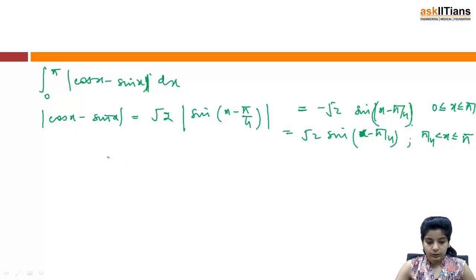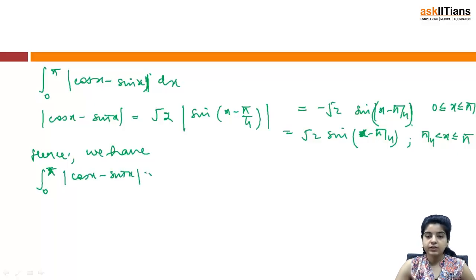Now hence we have, this is what we are required to prove, integral 0 to pi mod of cos x minus sin x dx.